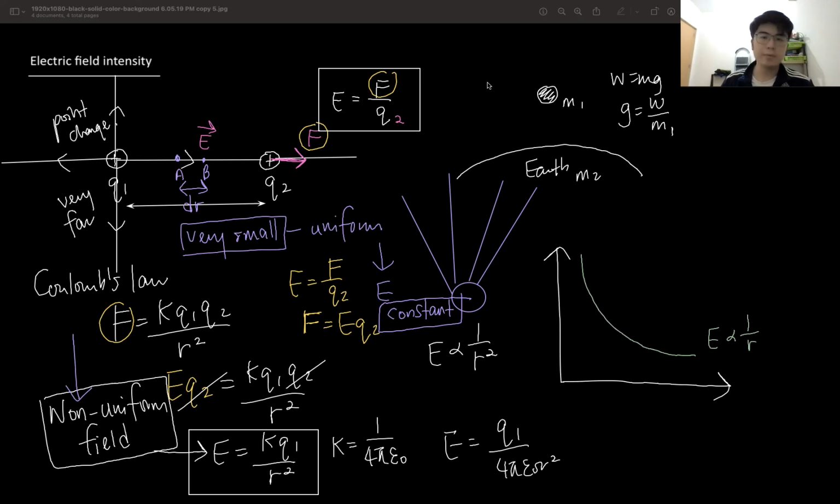If you have a square, then the gradient would be steeper like that. Okay, this is E against 1 over r squared. What is this? E, this is r. The graph, you need to remember, because they will ask you to sketch the graph.